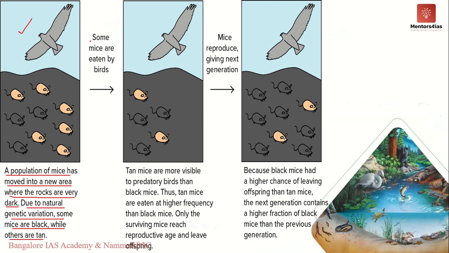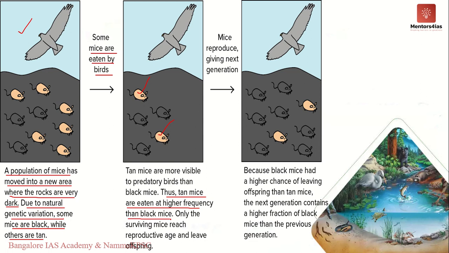Now what happens is, in this particular environment, eagles do eat mice. Now what will happen? Those mice which are light in color are more visible to predatory birds than the black mice. Therefore, the light colored mice are eaten at a higher frequency than the black mice.